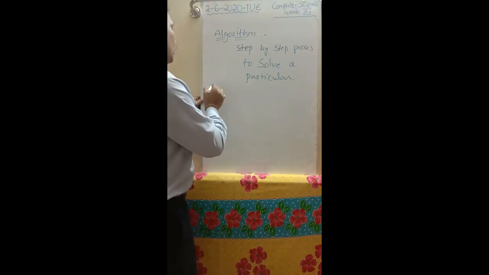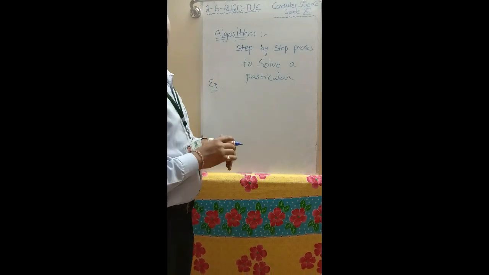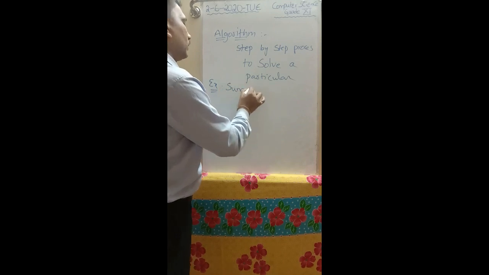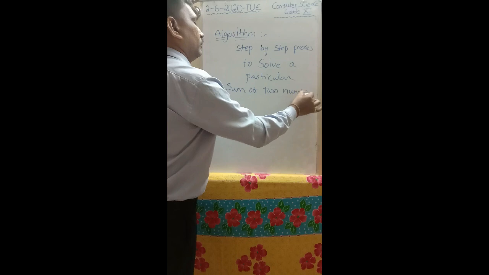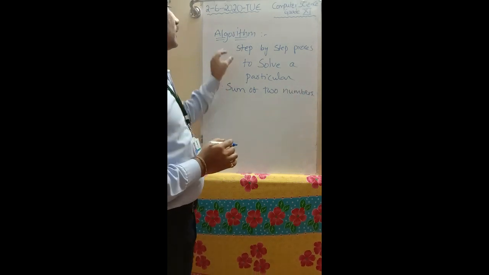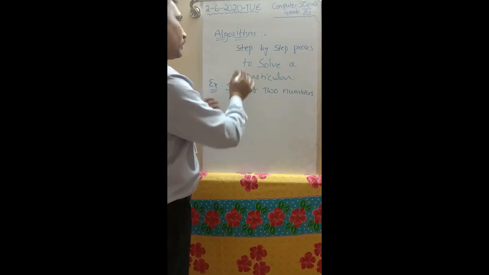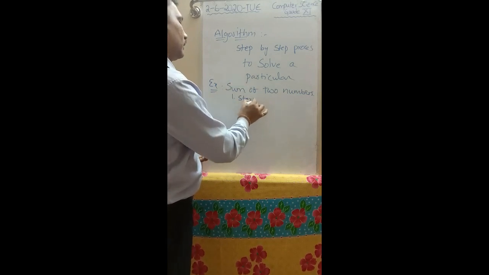Last class we discussed one example for an algorithm: the sum of two numbers. Every algorithm starts with a sequence of instructions. The first instruction is always start.